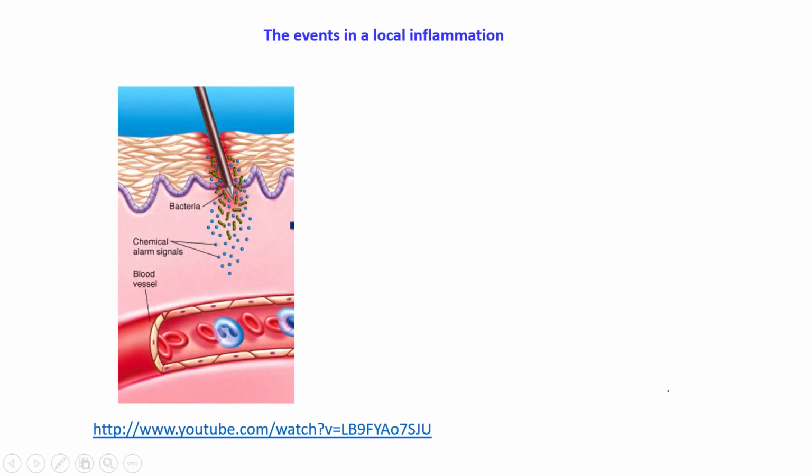So starting with the overview of inflammation in a positive light, doing its job. In this picture, we see somebody has a nail that punctures the skin. So maybe they step on a nail and that nail has bacteria on it, and those bacteria are now bypassing the first line of defense.